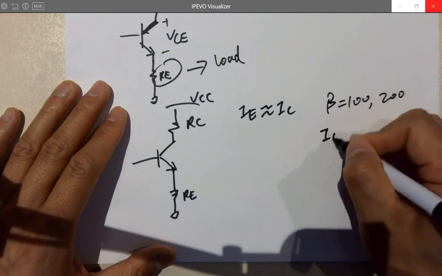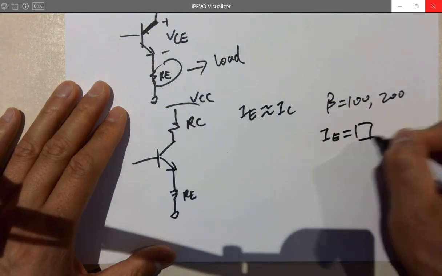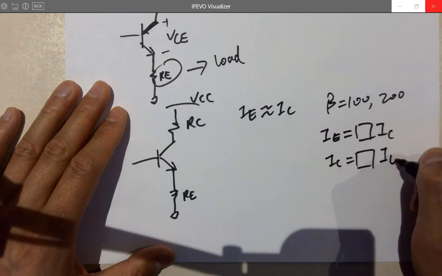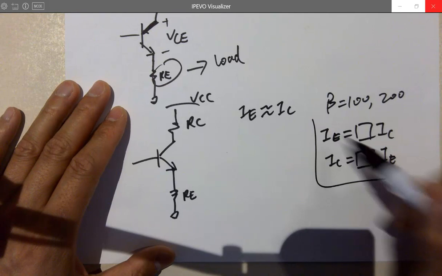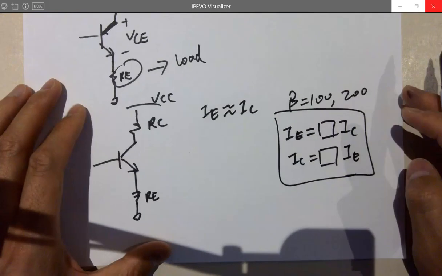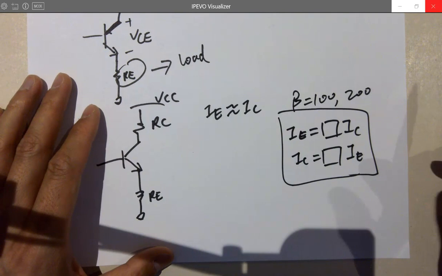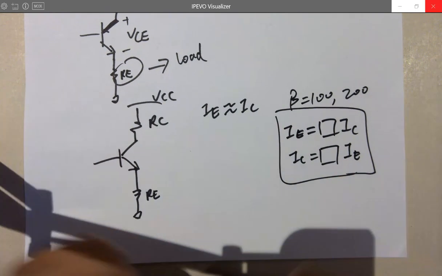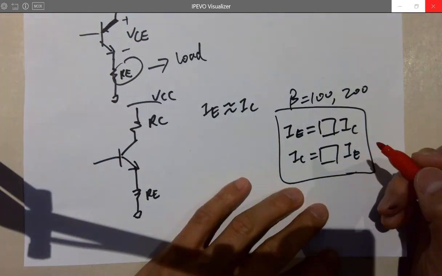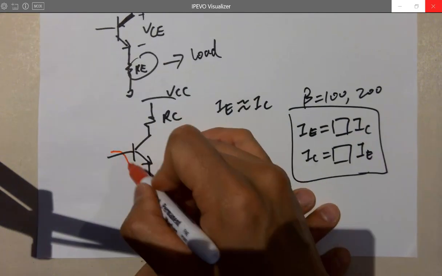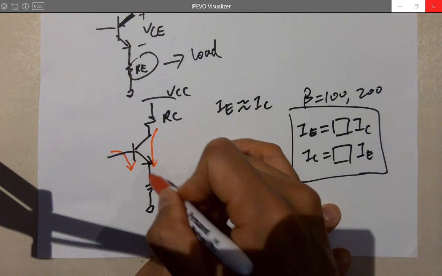So IE equals to what? IC? IC equals to what? IE? Let's just repeat ourselves, right? IE is what? IC? Half? No, no. So IB and IC merge to get IE, right?